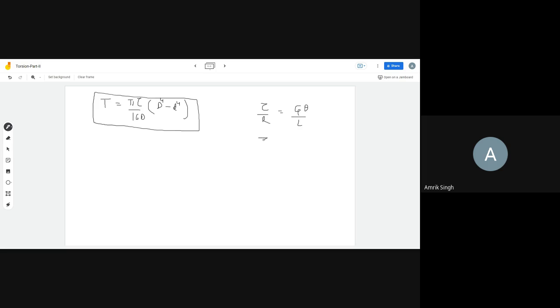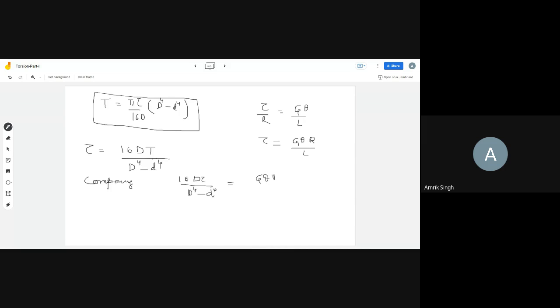So from here, tau will be equal to G theta into R upon L. So from here you can say tau is equal to 16 times d into T upon d to the power 4 minus d to the power 4. Comparing, this will be 16 times d tau upon d to the power 4 minus d to the power 4 is equal to G theta.